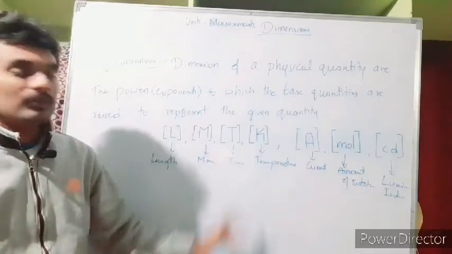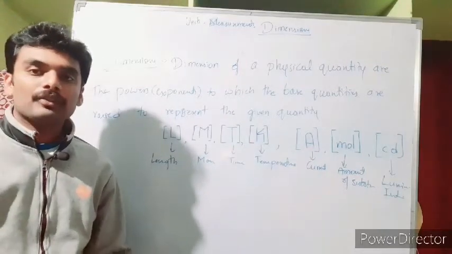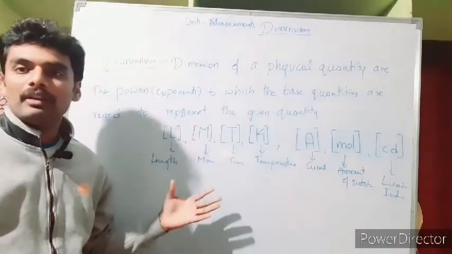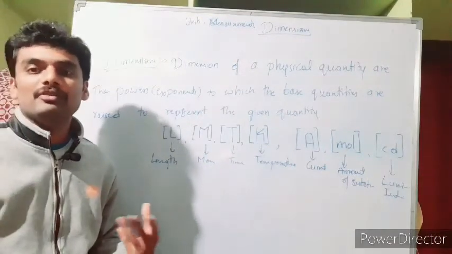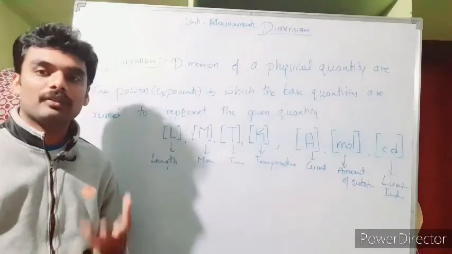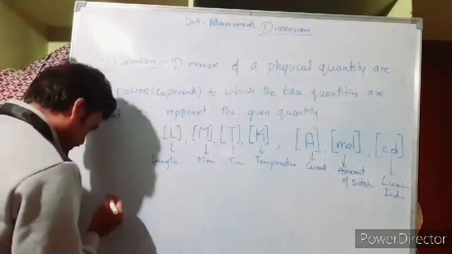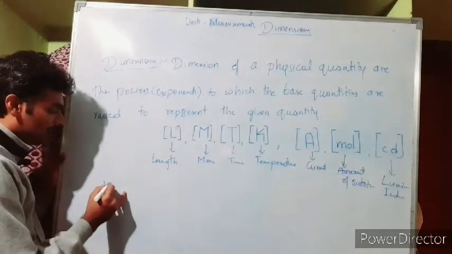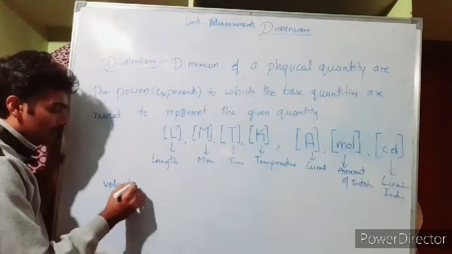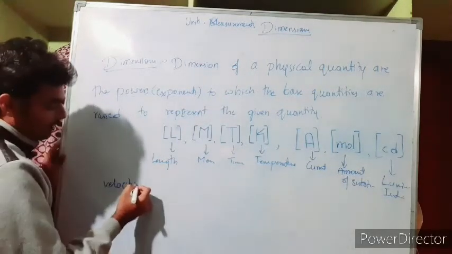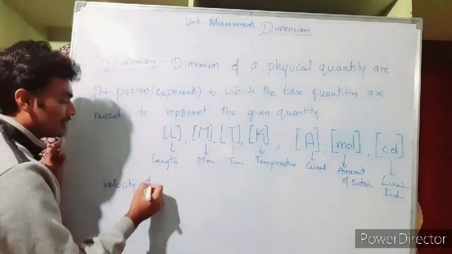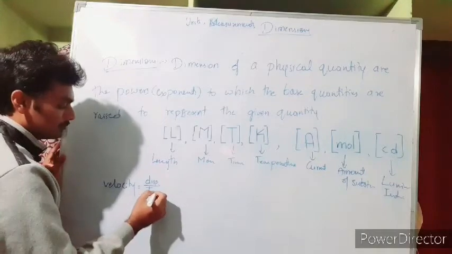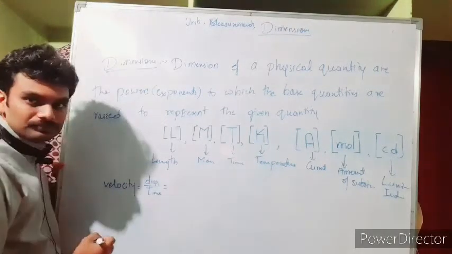Each of them has their own dimensions. So now we will make use of these dimensions of base quantities to express the dimensions of other quantities. The first example that I'm going to take is the dimension of velocity. When I write the expression of velocity, it is displacement by time, right?